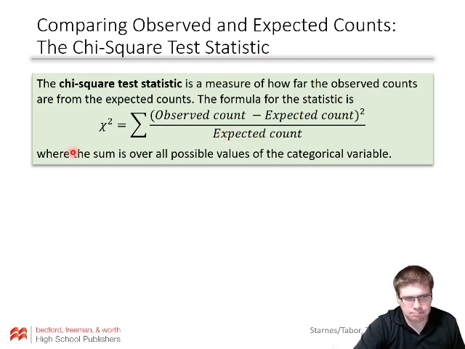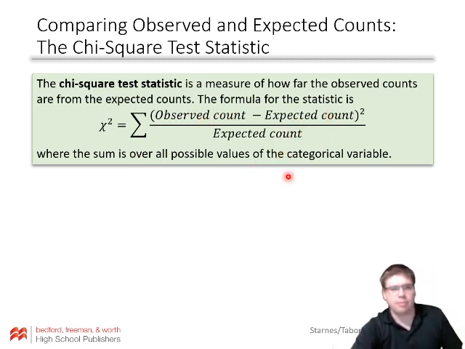So this gives us a distance away, but it could be positive and negative. If we just add all those up, it'll cancel out. So we have to do something to make it positive. We could do absolute value, but we don't like absolute value. So instead we square it like we've done before. But then we want it relative to how much we expected.